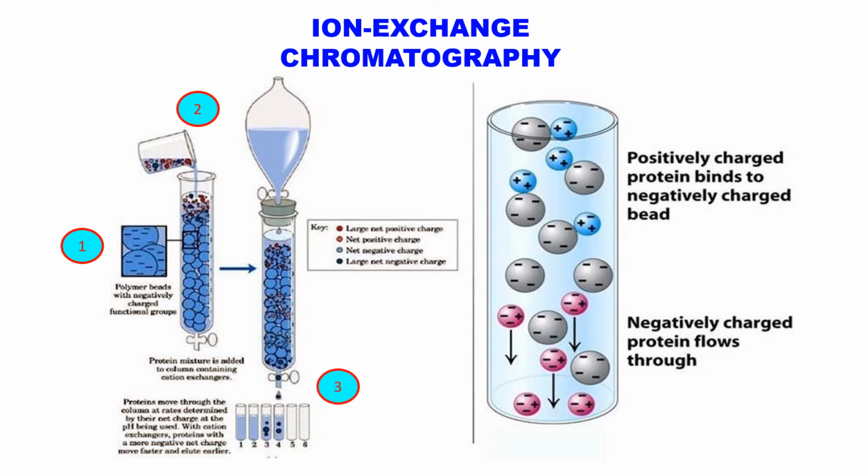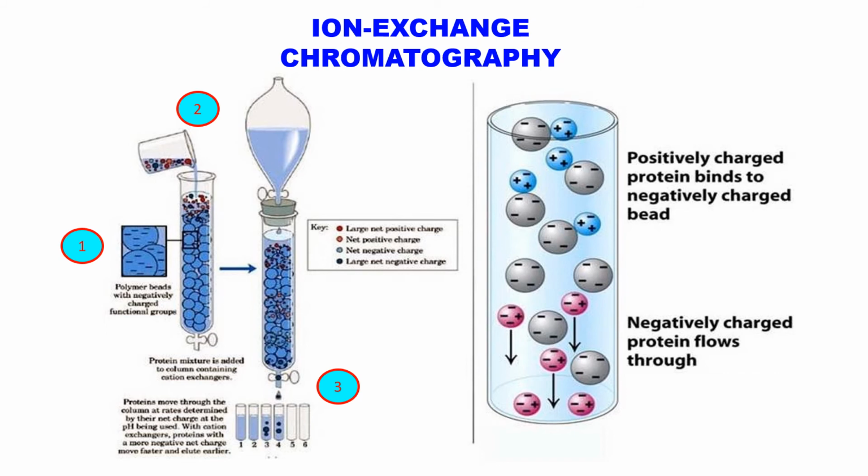With the movement of the mobile phase, the proteins also move along with it, and the rate at which they are eluted from the column is determined by their net charge at the pH being used.